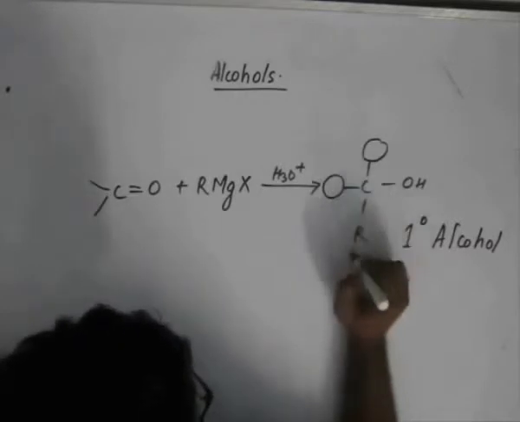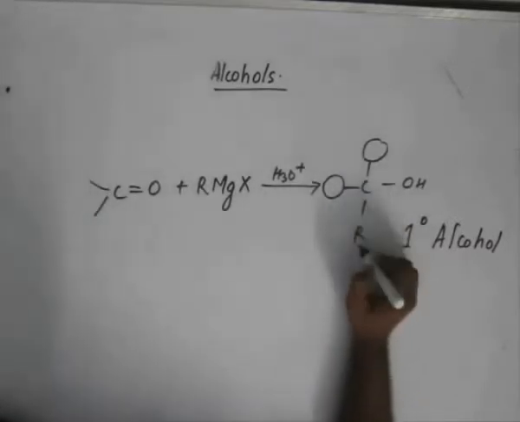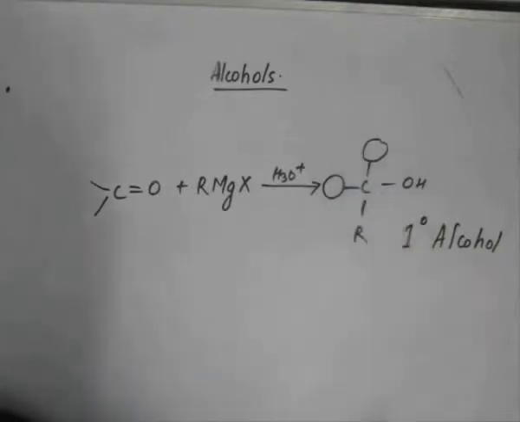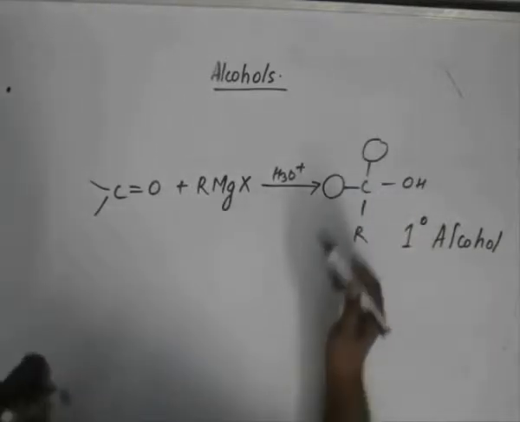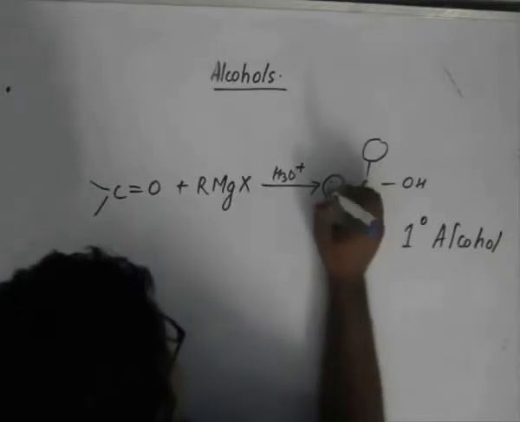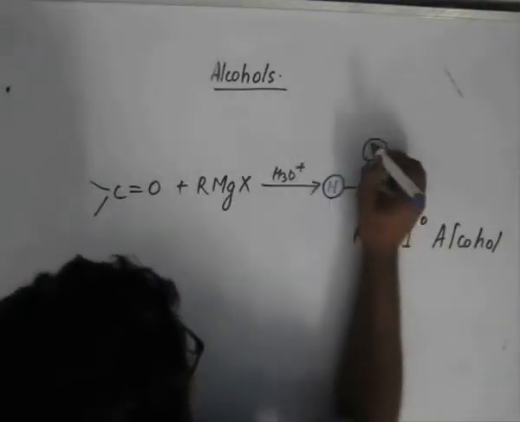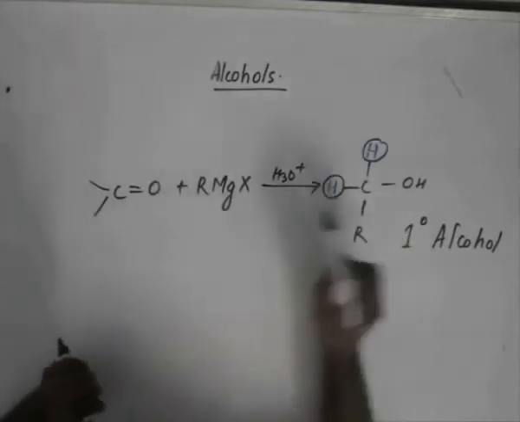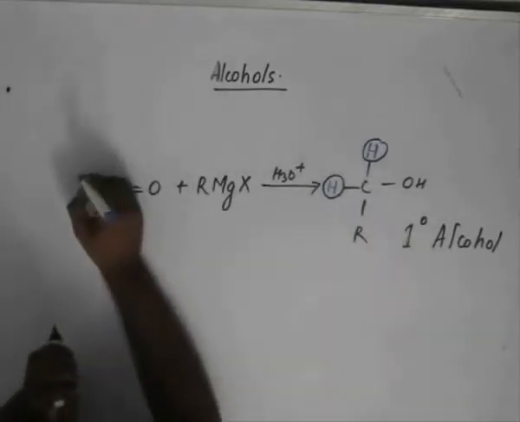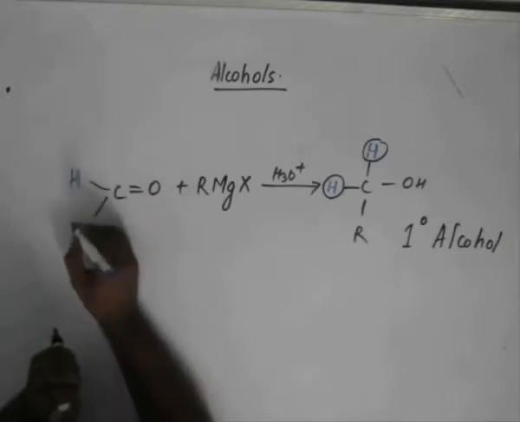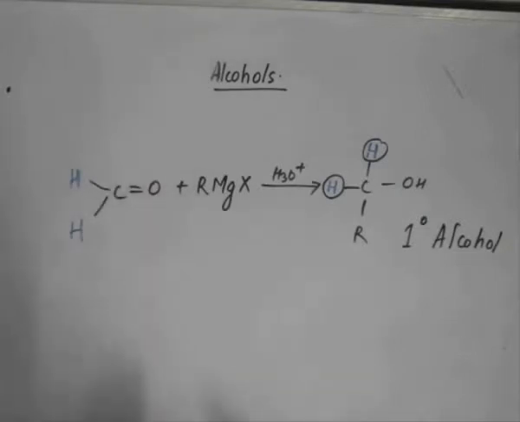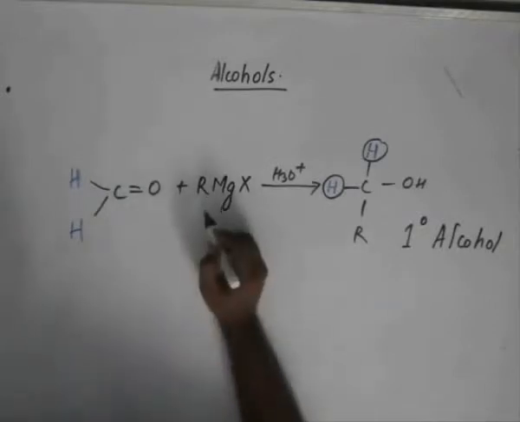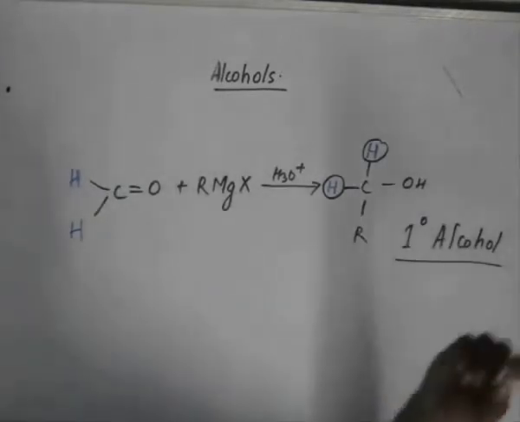It has already one or more carbon atoms attached to it. So it is very evident that we are going to attach H with this carbon. Okay, so initially we had formaldehyde. If we use formaldehyde and any Grignard reagent, we are left with a 1 degree alcohol.